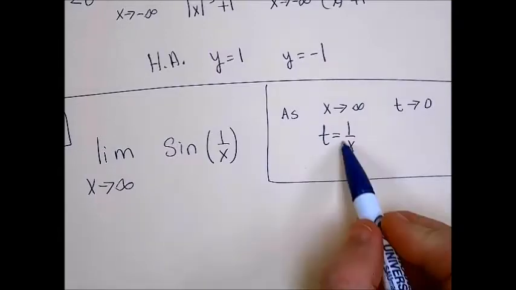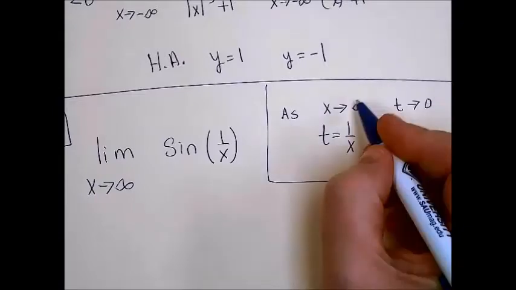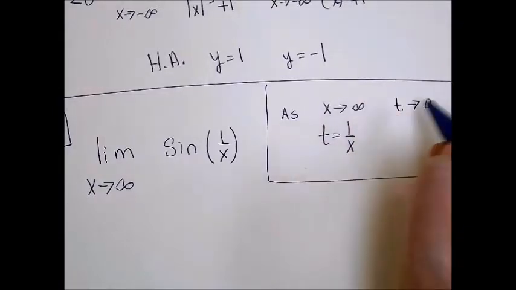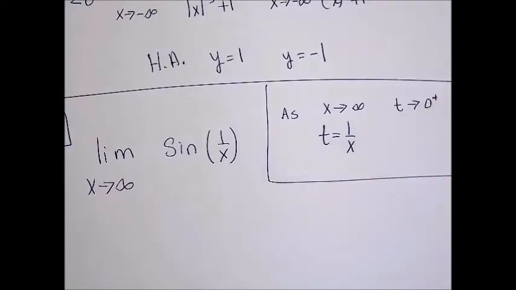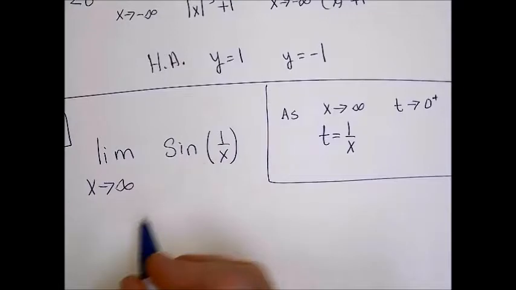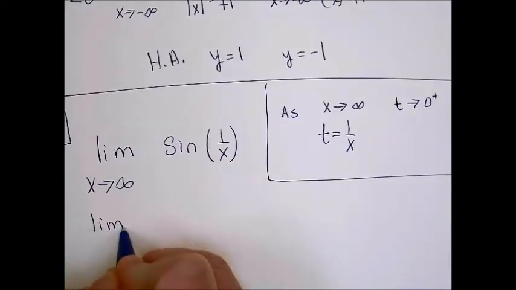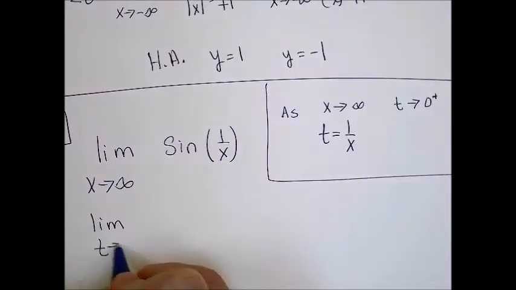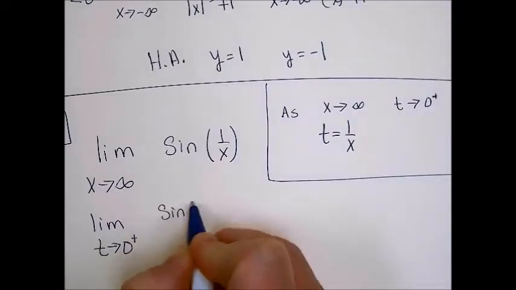So as x approaches positive infinity, t approaches 0 from the right. So the limit as x approaches infinity of sine of 1 over x is equal to the limit as t approaches 0 from the right of the sine of t.